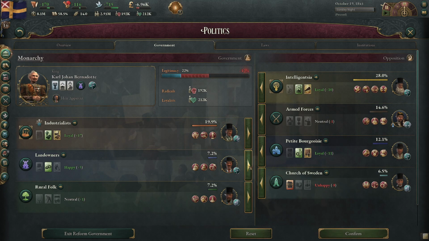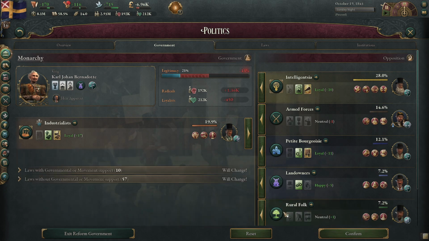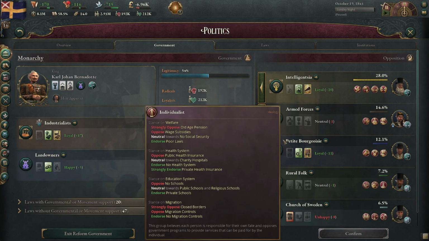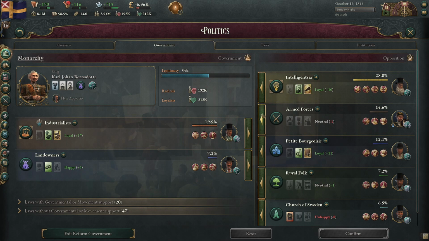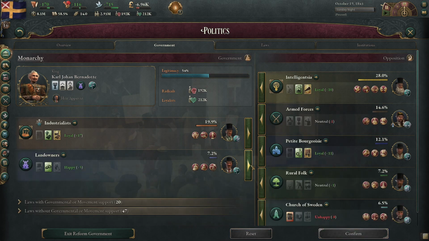No, so we're stuck with what we got at the moment. Armed forces. I don't want rural folk. I want the landowners back in. Gives us 54% legitimacy. Armed forces reduces us to 30%. Okay, there's just reset. Fix it.